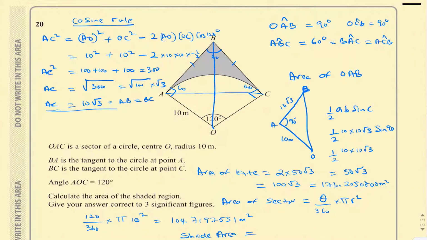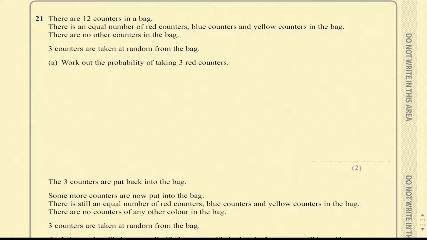So that will be 173.205 minus 104.719, and that will be equal to 68.5 meters squared.